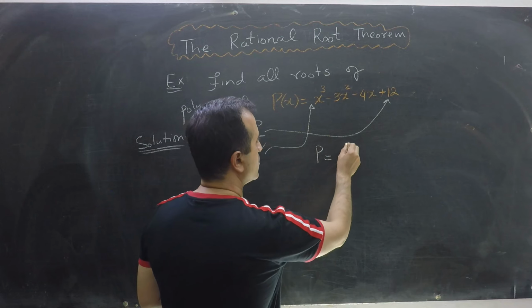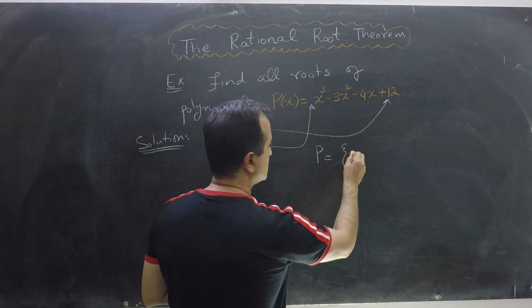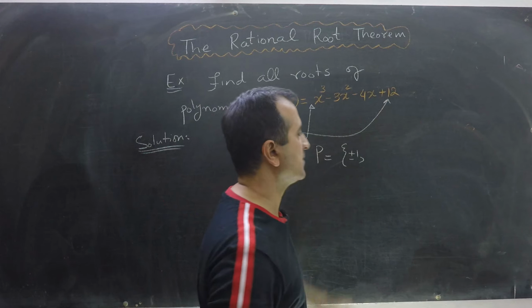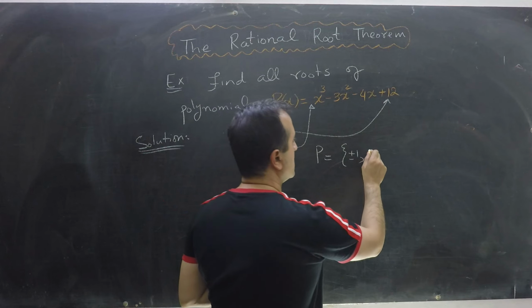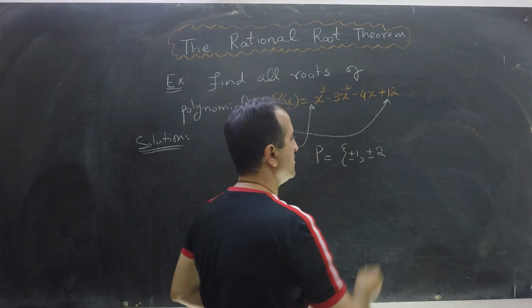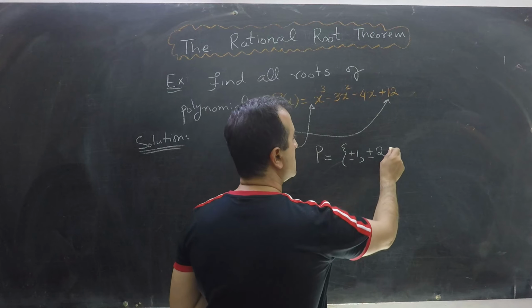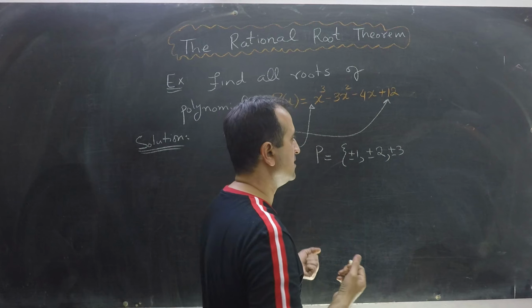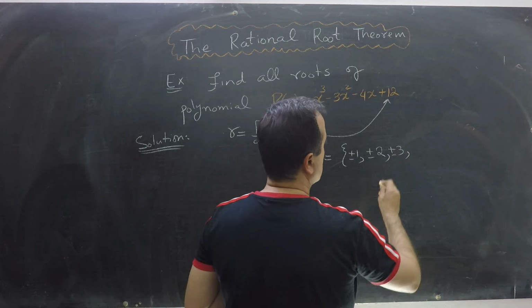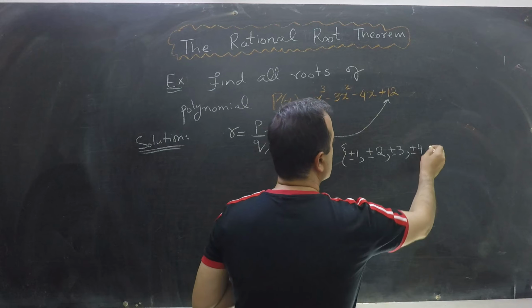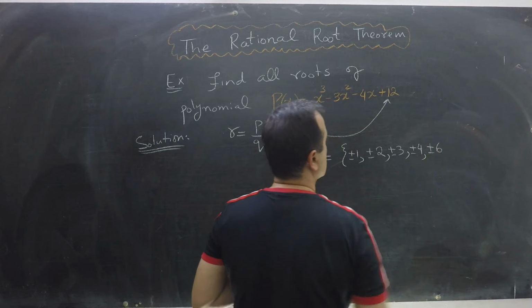So p could be plus minus 1 because plus minus 1 divides 12. p could be plus minus 2 because plus minus 2 divides 12. p could be plus minus 3 because plus and minus 3 divides 12. p could be plus minus 4 and p could be plus minus 6.